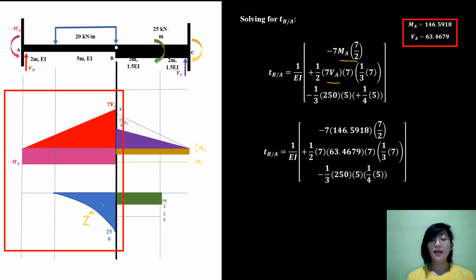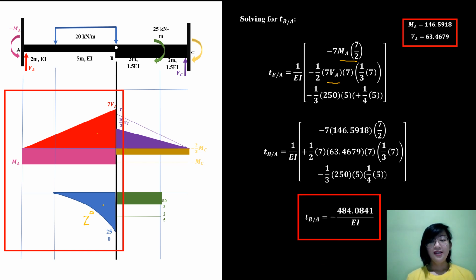And lastly, negative 1/3 times 250 times 5 times 1/4 times 5. So, we will have this one. TBA is equal to negative 484.0841 over EI.